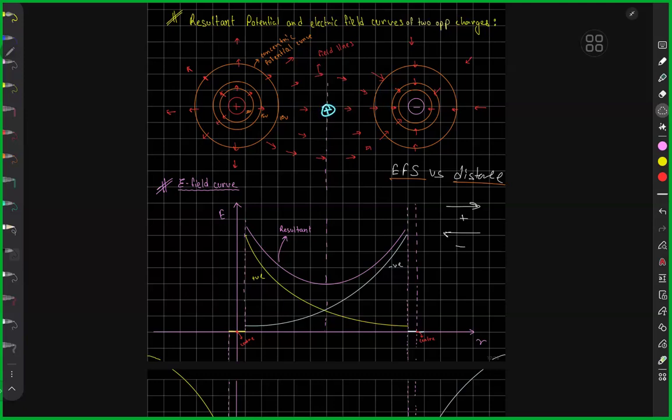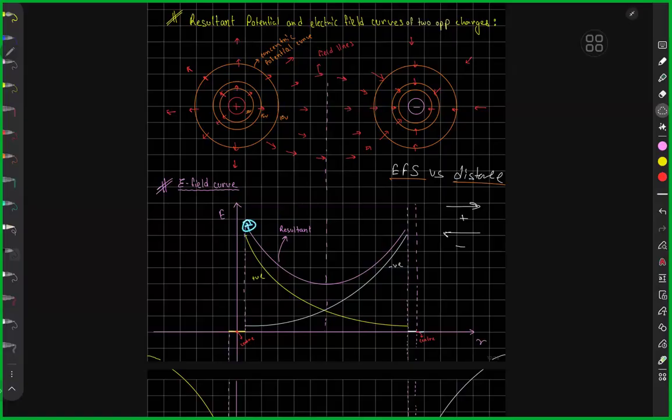Right in the middle, it feels the least force, as in the minimum force between these separations. That is represented by the minima over here. As I move towards here, it feels an increased force towards the minus direction. And if I push it over here, it also feels the same increased force towards the minus direction.